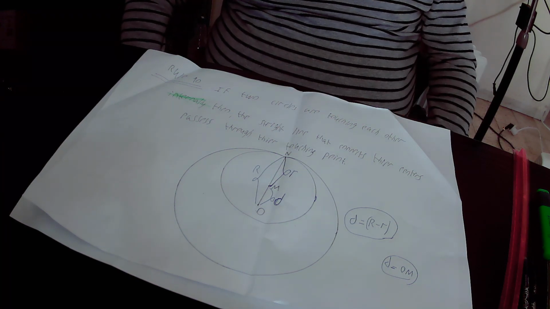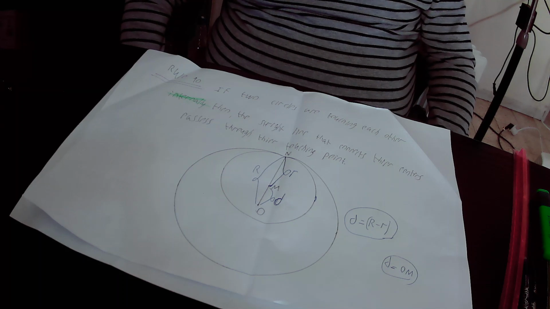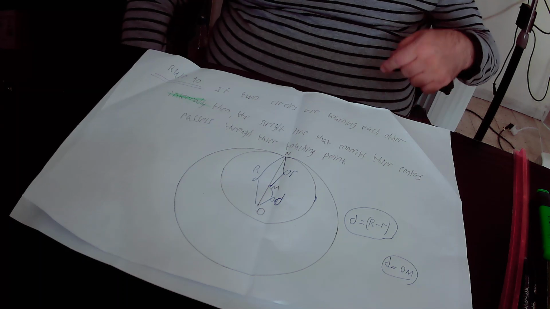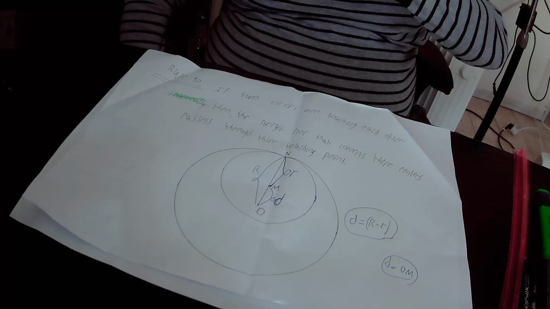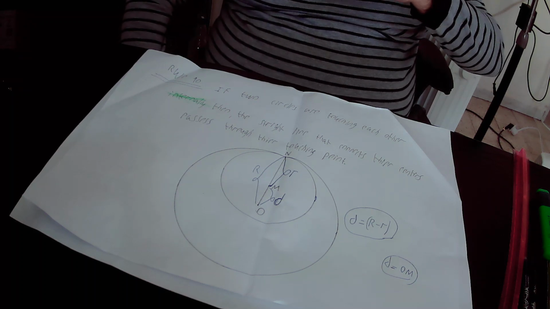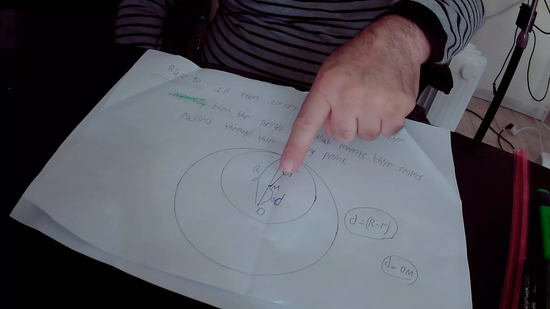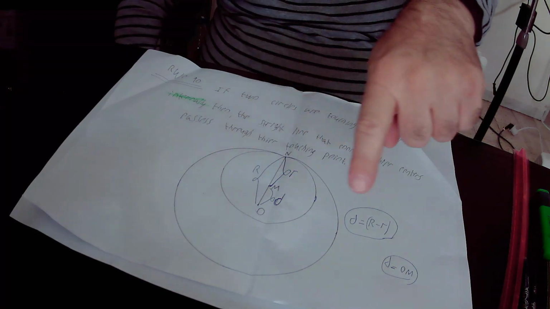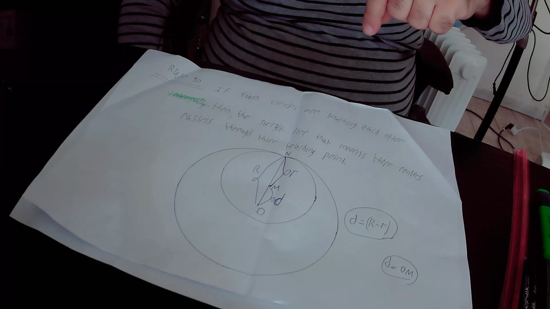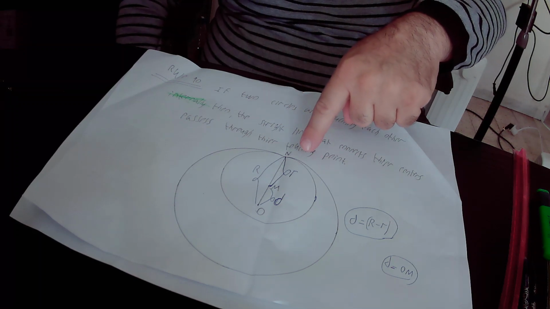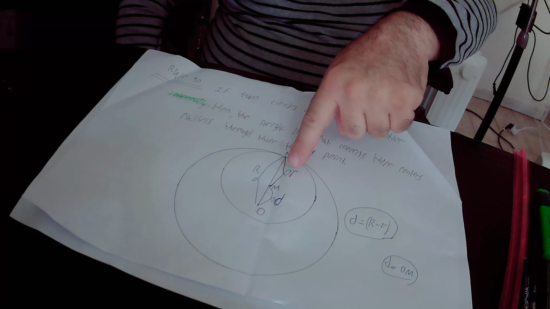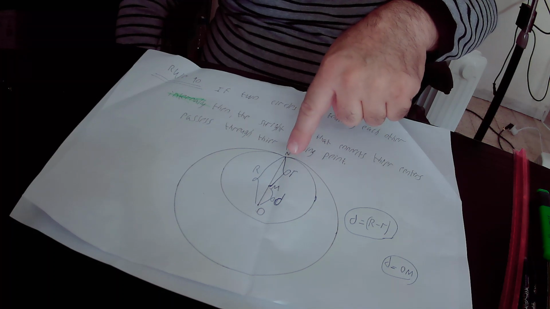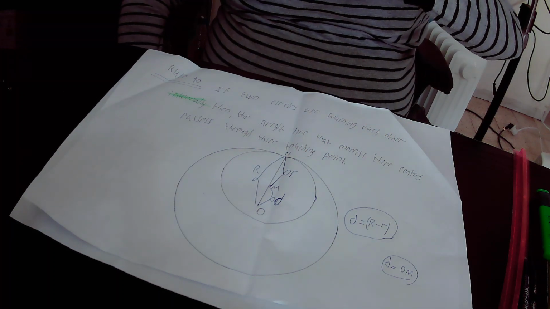Okay, and what is the distance OM between the centers of the two circles? From the drawing it is very easy to see. We know that capital R is the radius of the big circle and MN is small r, the radius of the small circle.